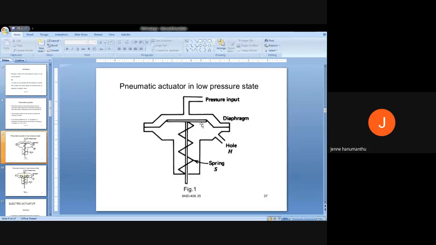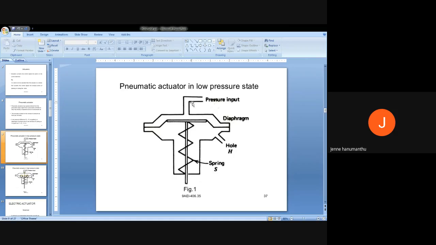The output of the signal converter, which is nothing but an air signal, is given to the pressure input.